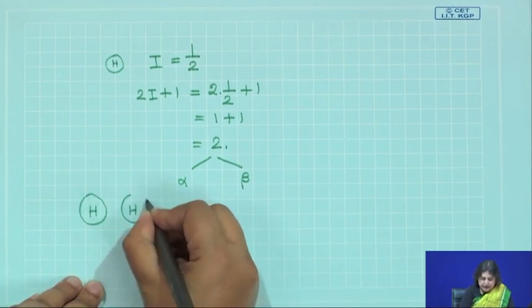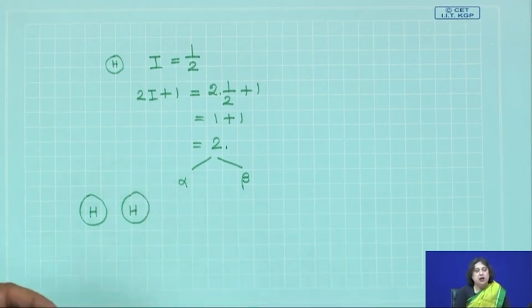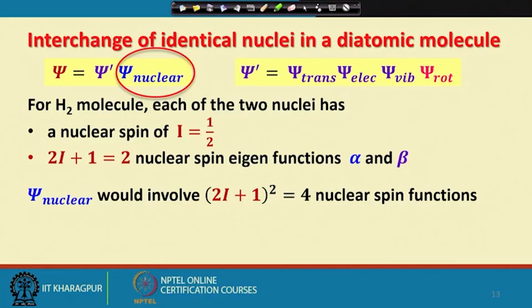Okay. Then the question is, if I can assume that the nuclear states of each hydrogen atom are occupied independent of each other, then psi nuclear will involve how many nuclear spin functions?